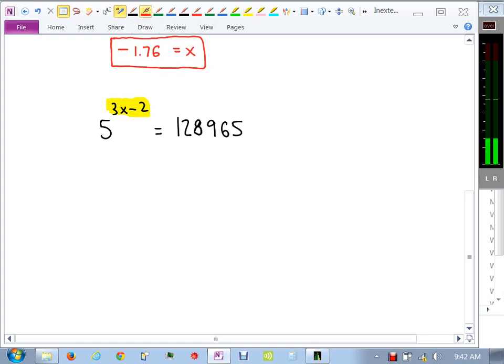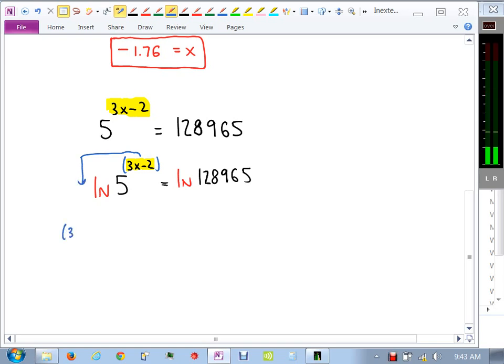So I'm going to take natural log of the left side of the equation. I'm going to take natural log of the right side of the equation. And that allows me to take the 3x minus 2 here, take the entire thing, and drop it out in front of the log. And that's a property of logs.